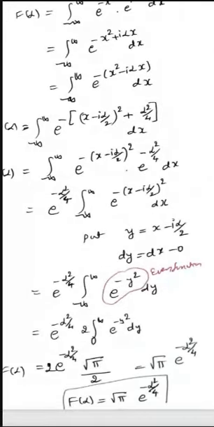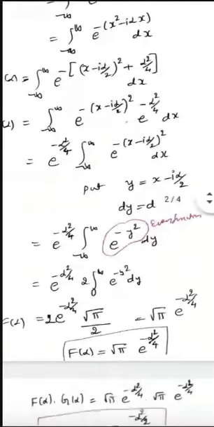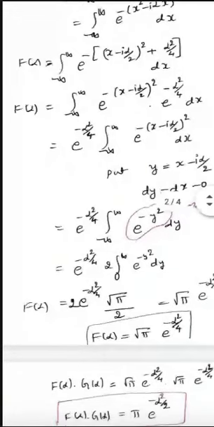But already you know, from the beta gamma functions method, that the integration from 0 to infinity of e^(-y^2) is root pi by 2. We explained that in the last problem also. So the 2 gets cancelled, and we get root pi e^(-alpha^2/4).